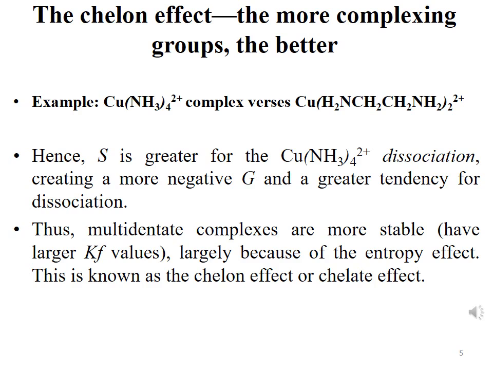But in the other complex, 3 species are formed on dissociation. So delta S is greater for the copper tetraammine complex, and it will create a more negative delta G and a greater tendency for dissociation.